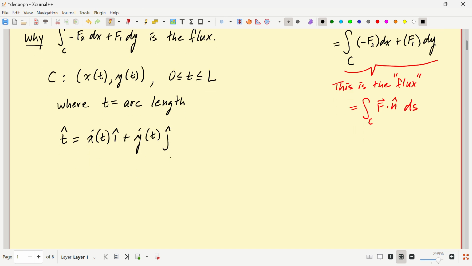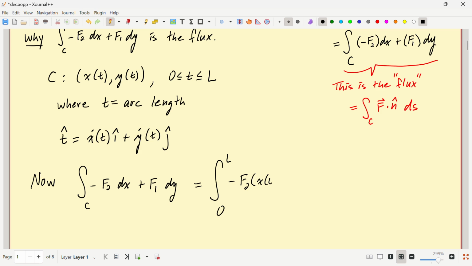Okay, and let's see, this integral over C of minus f2 dx plus f1 dy is shorthand for the integral from 0 to L of minus f2 of x of t, y of t, times dx, which is x dot of t dt.